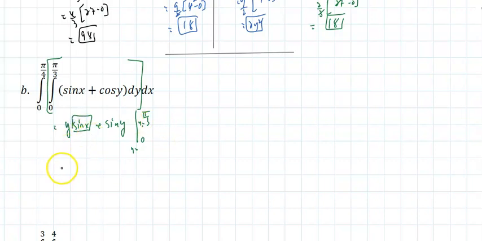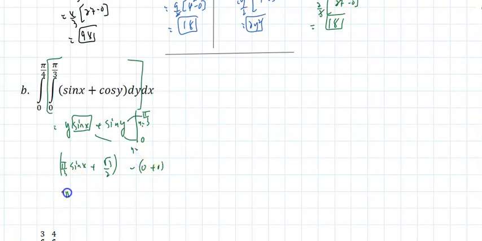So that would be pi over 3 sine of x plus sine of pi over 3, which is radical 3 over 2. Minus, you throw the 0 in, well, that's a 0.